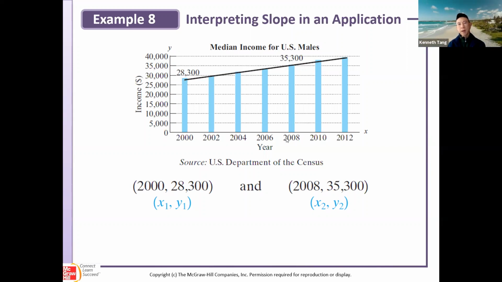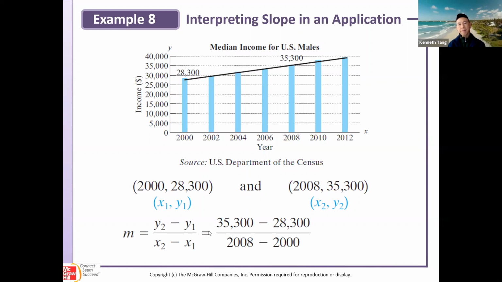With the two points, I'm going to use the same formula, m equal to change in y over change in x. I can just subtract: 35,300 minus 28,300, and then 2008 minus 2000.